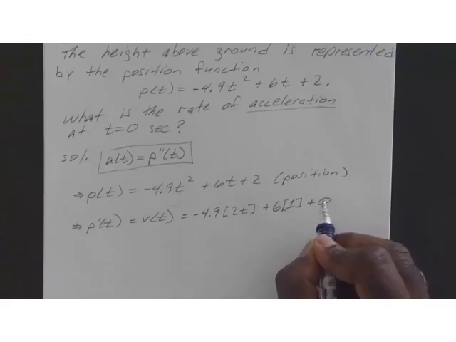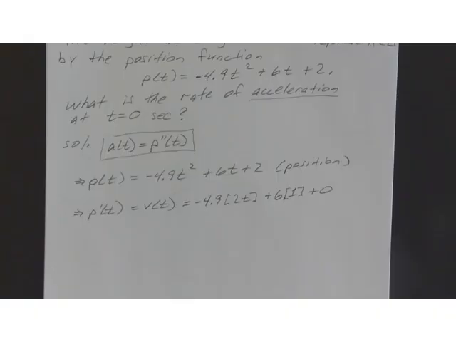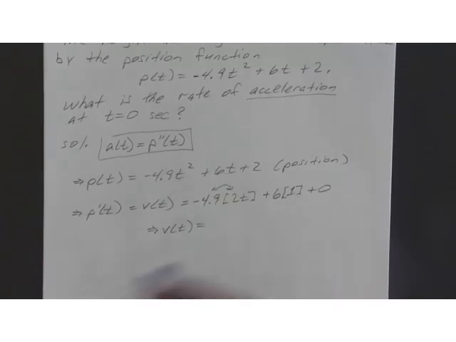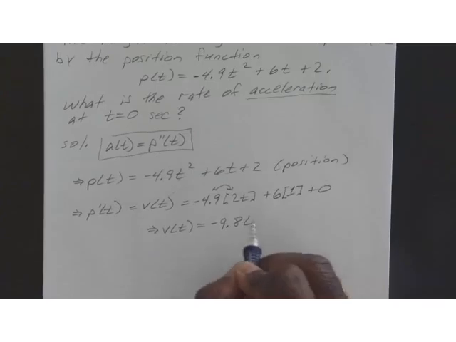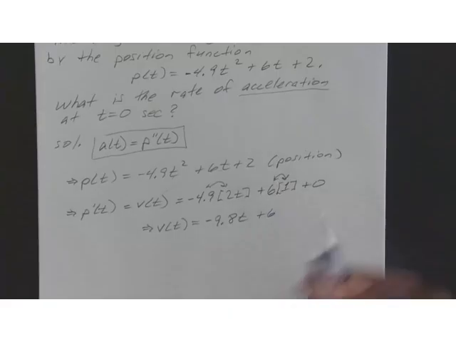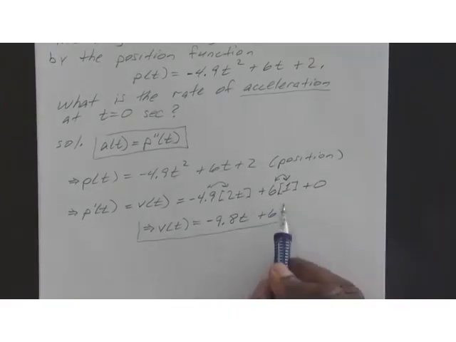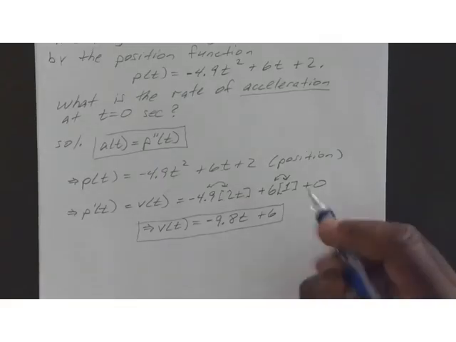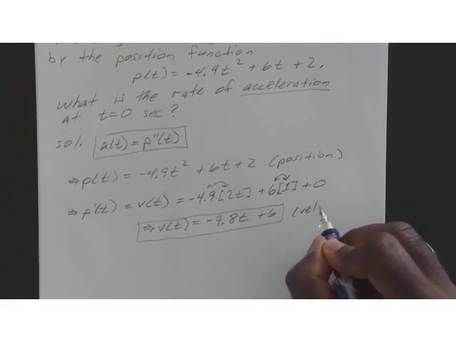So I'll just put plus 0. You don't have to. So that means v of t is equal to, go ahead and multiply those two together, negative 9.8 t plus 6. Remember, this is your velocity function.